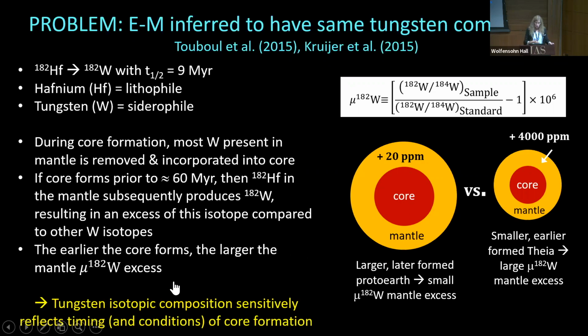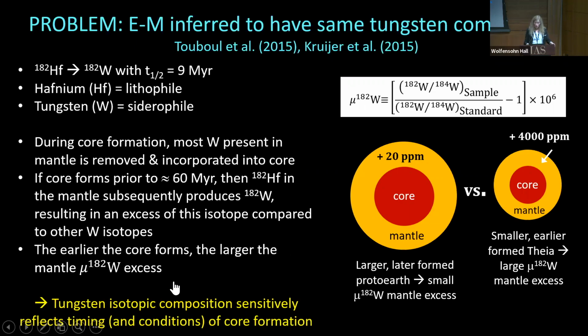So in this way, the tungsten isotopic composition of a sample does not relate to the compositional reservoir in the protoplanetary disk. It doesn't match where you formed, the feedstock from which you formed. Instead, it reflects the timing and even the chemical conditions of when your core formed.